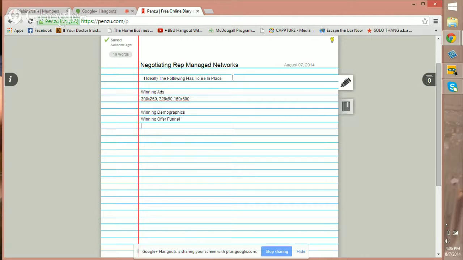Now, for you guys, this won't apply, but you need to have an ad server, someone which can handle the traffic. The next thing which you need to have, which applies to you, is pixel tracking.